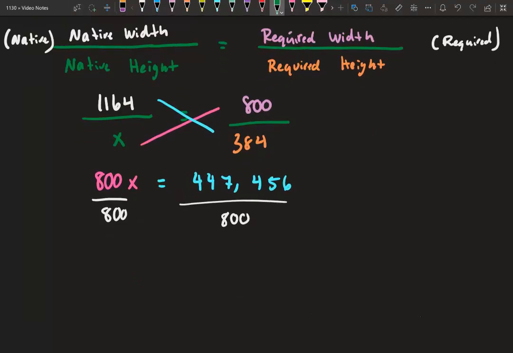And when we do, we get x equals 559.32. So we have to always round down. Even if this was 0.99, we still have to round down so it fits into the picture. So the requirement would be 559 pixels.